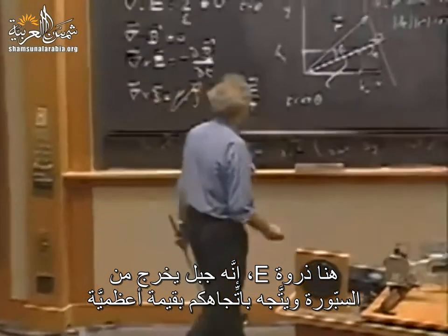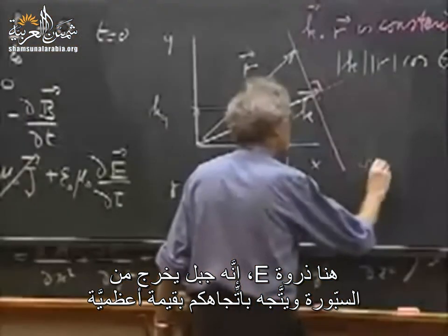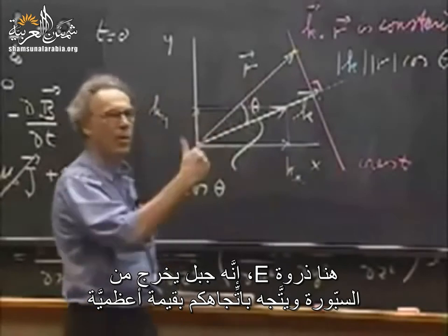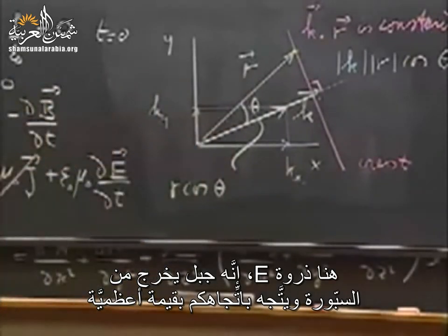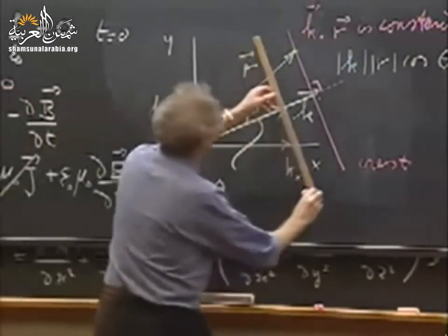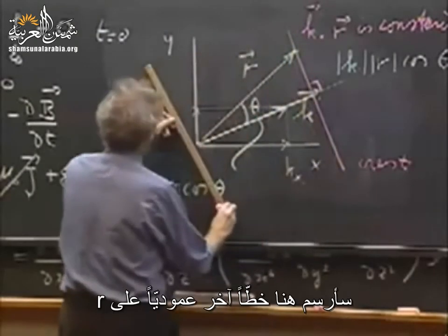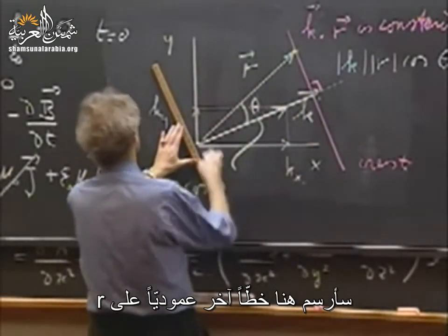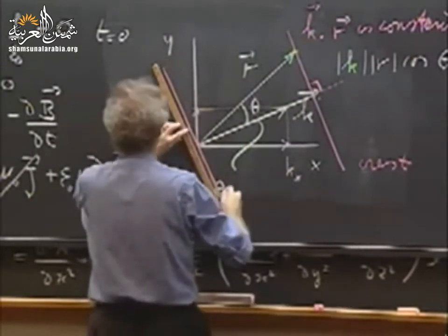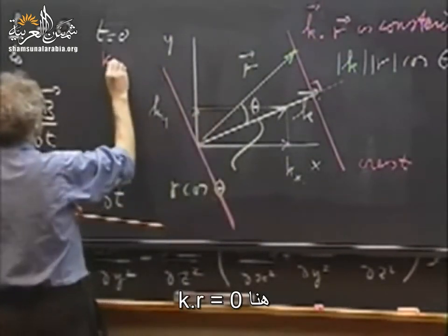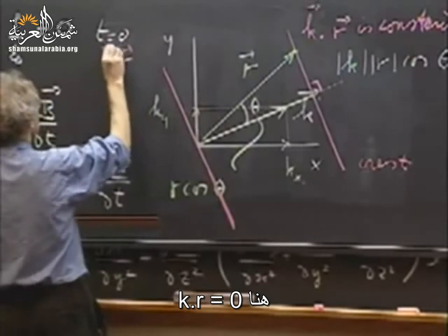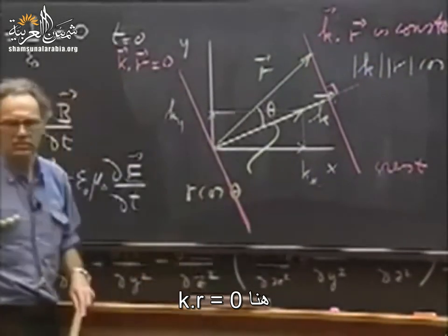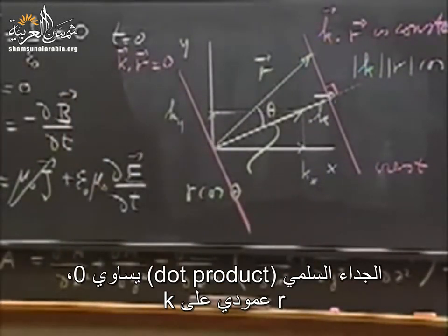So it is a crest in E. It's a mountain coming out of the board, a maximum value. And here, I draw another line perpendicular to r. So here, k dot r is 0. The dot product is 0.